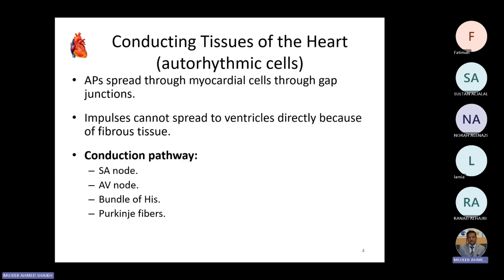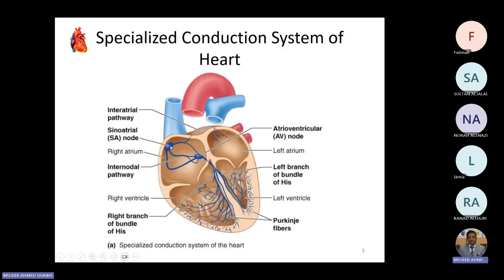So there is a specific conducting pathway. The impulse will not move haphazardly from down to up or from right to left, but in a specific pattern. What is this pattern? Here in this picture, it shows the different types of non-contractile cells.